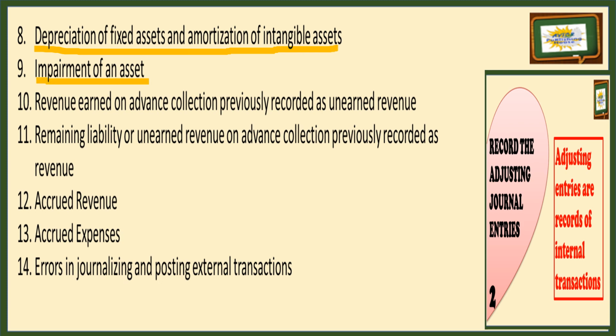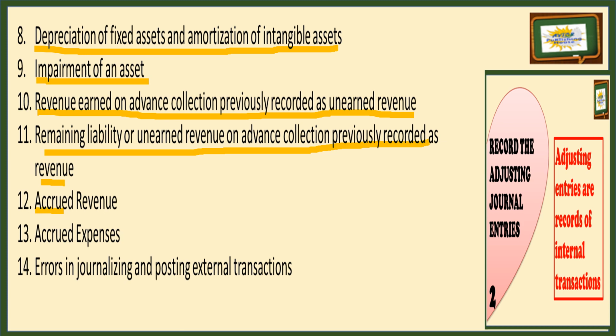Impairment of an asset. Revenue earned on advance collection previously recorded as unearned revenue. Remaining liability or unearned revenue on advance collection previously recorded as revenue. Accrued revenue. Accrued expenses. Errors in journalizing and posting external transactions.